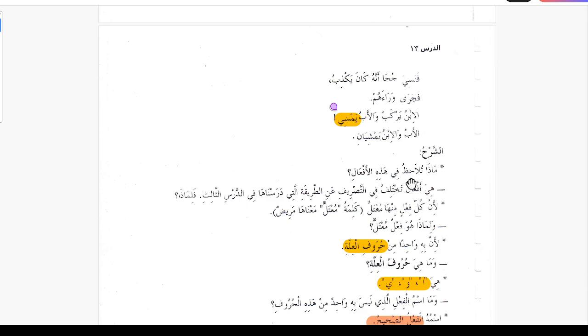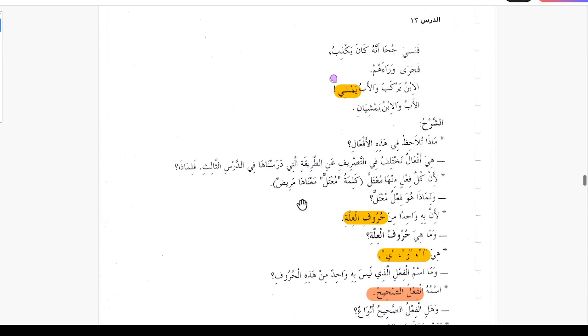What we find in these verbs, hiya afalun takhtalifu fi tasrifi an tariqati, these verbs they are different in the conjugation from the way that we have studied in lesson number 3. Falimaza, and so why. So now we're gonna see how these verbs are different than we have already studied in lesson number 3.